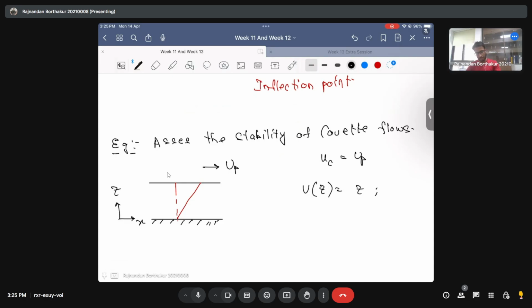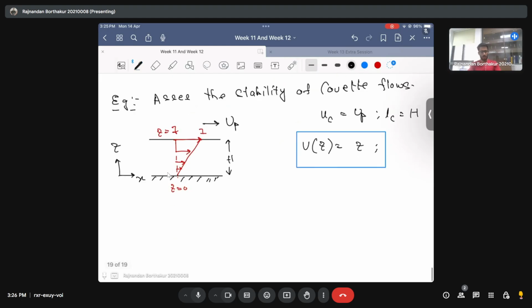This is the point z equal to 0, and this is the point z equal to 1, because this is the channel height that I have considered, and my length scale is also h, which means the velocity at z equal to 1 is just 1. Then we have a linear velocity profile, which is the typical velocity profile of Couette flow, because we have non-dimensionalized it with the plate velocity.